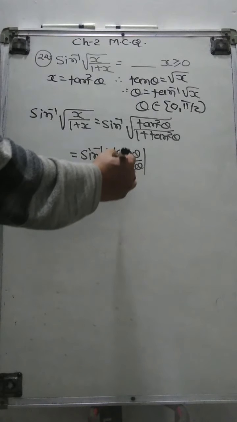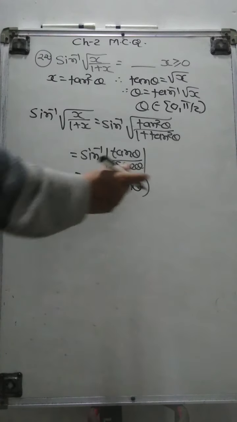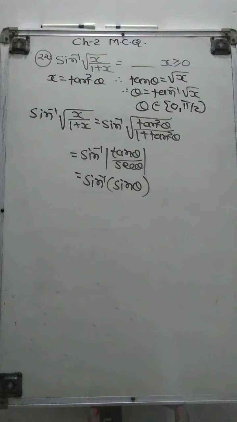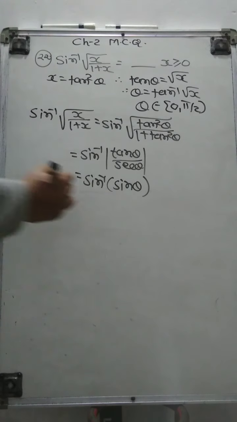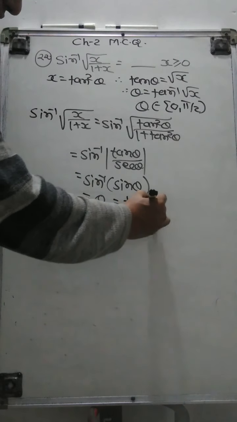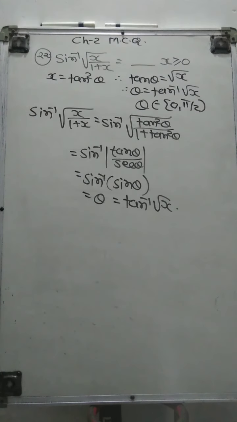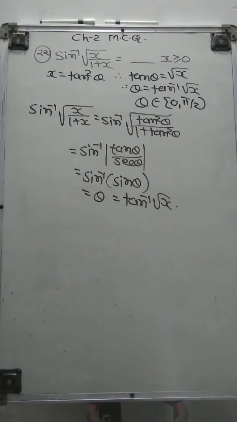Tan means sin upon cos, means sin theta is there, and theta is in between 0 to pi by 2, which is the interval of sin. Therefore we put directly theta, which is tan inverse root x, right? So this way we obtain our answer. Okay, then next.